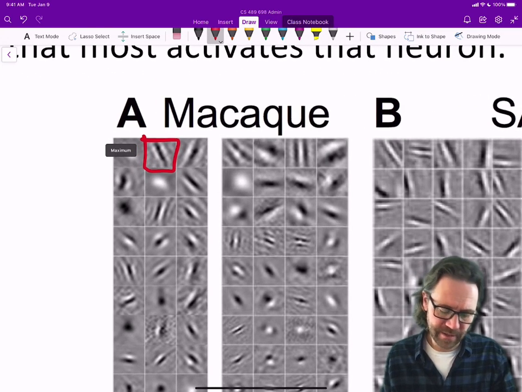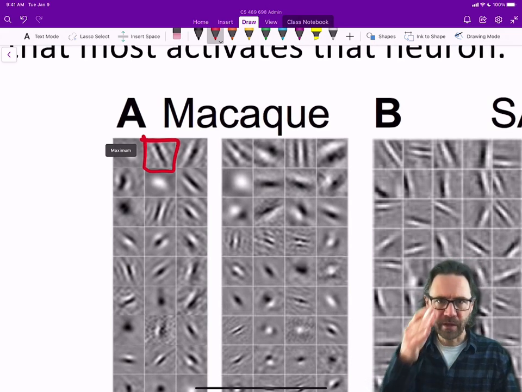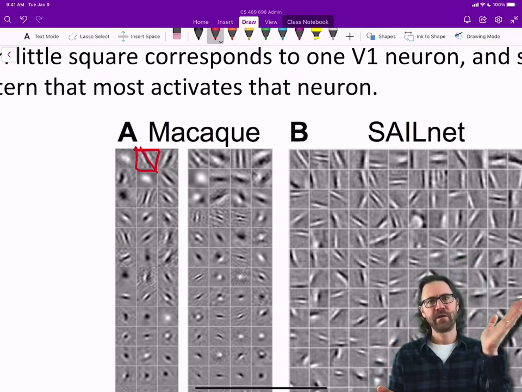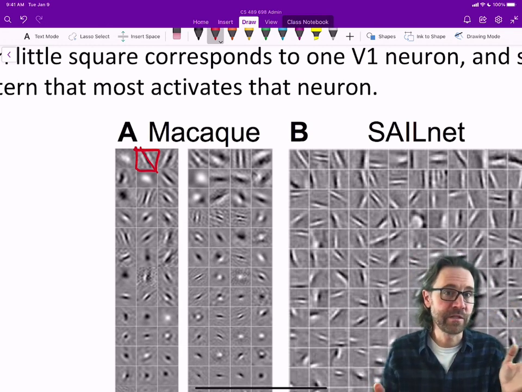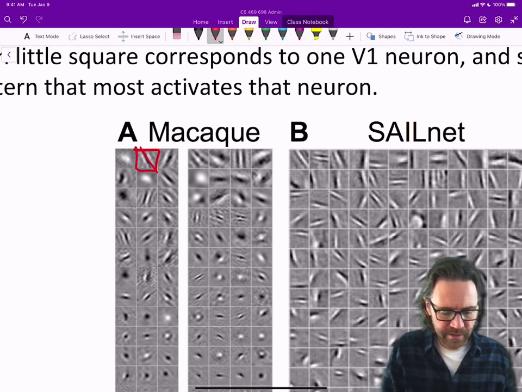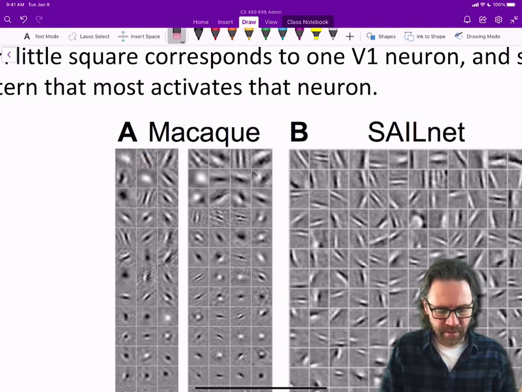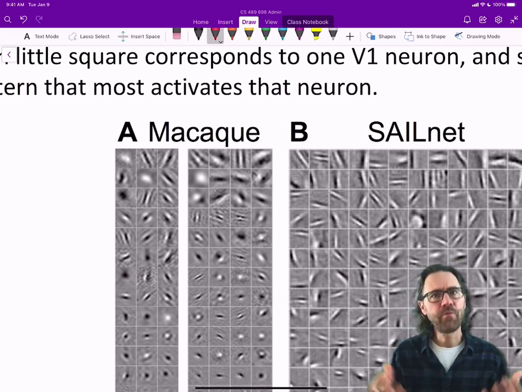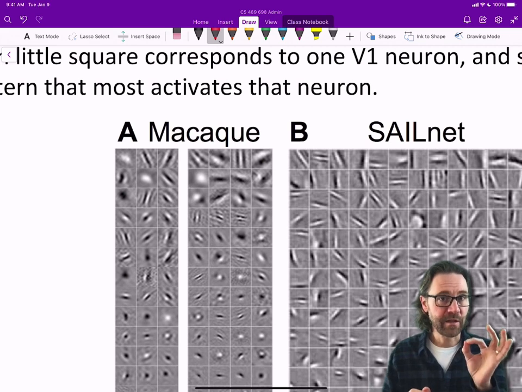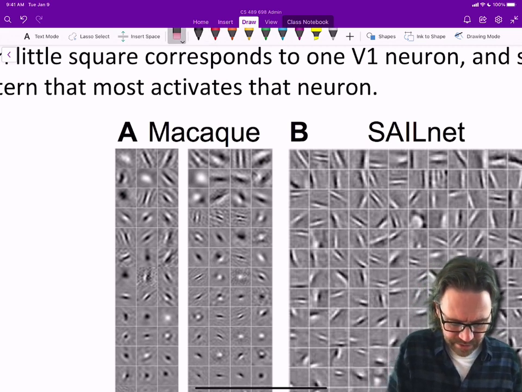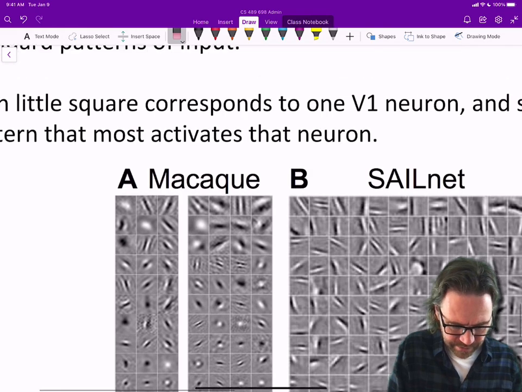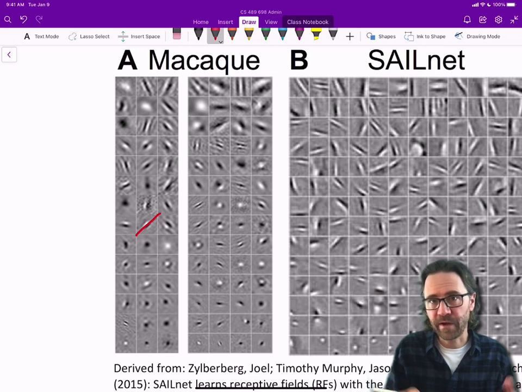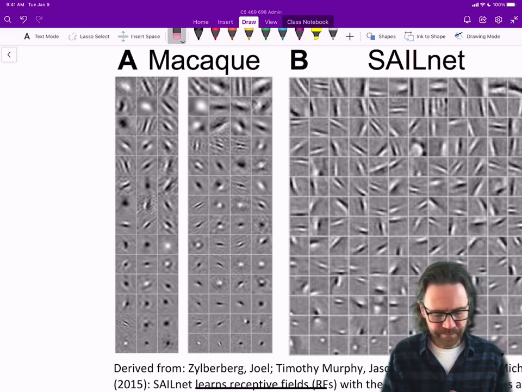It's sensitive to information like an edge that's oriented at, I don't know, whatever angle that is, sort of 115 or 130 degrees, something like that. And different neurons are sensitive to different orientations. In fact, in V1 a lot of the neurons seem to be little edge detectors. So you can see these are interested in edges, edges that are oriented at different angles. So that one's like a 45-degree edge detector, if you like.